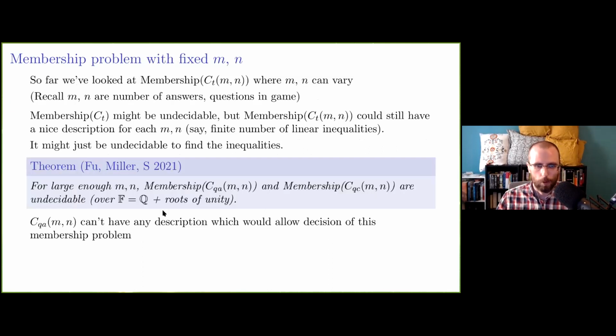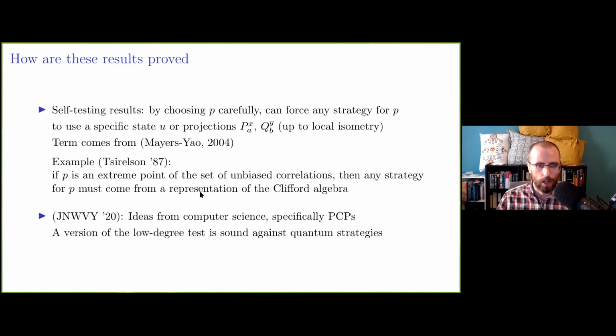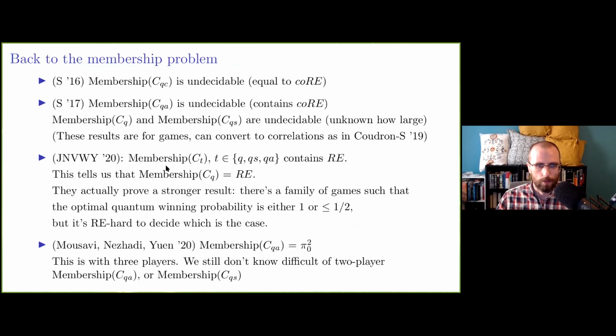I'll say that one of the things that we've been continuing to do is to show that for large enough M and N, membership in these sets is actually undecidable even if you fix the number of measurements as well. And this is interesting because these membership problems here are all allowing the number of questions and answers to vary.